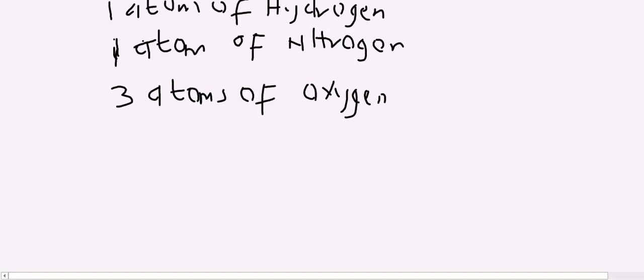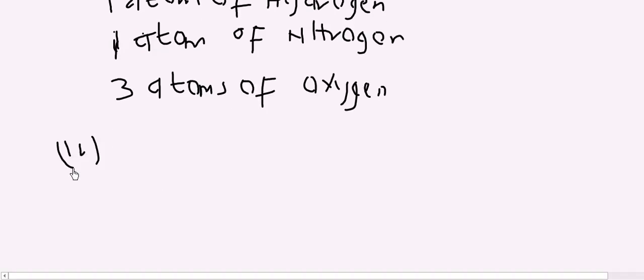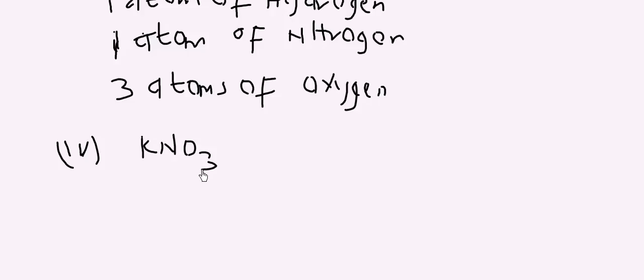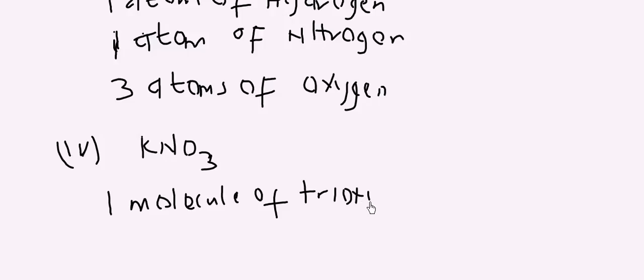So if we take 4, KNO3, this is one molecule of trioxonitrate 5.